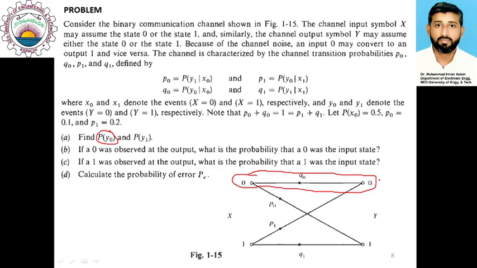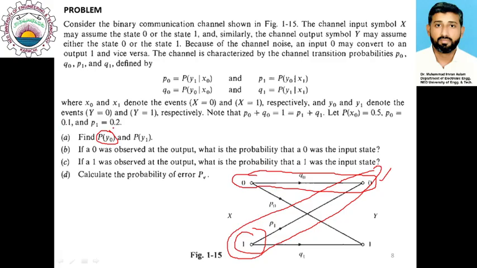So y0 will be received if there is no error in the transmission of 0. However, if 1 is transmitted and you get an error, even in that case you will receive a 0 here. So you can see that y0 would occur with two possibilities.